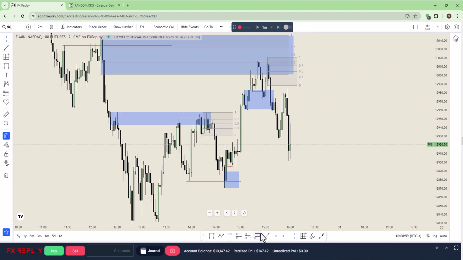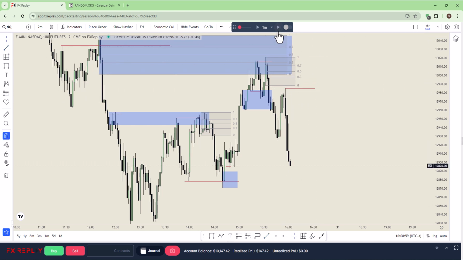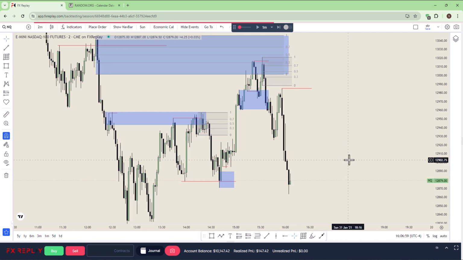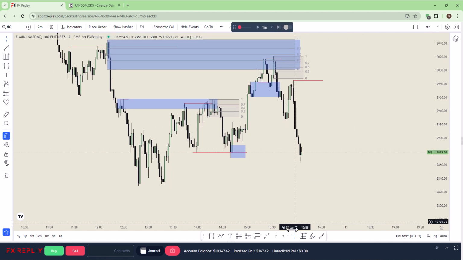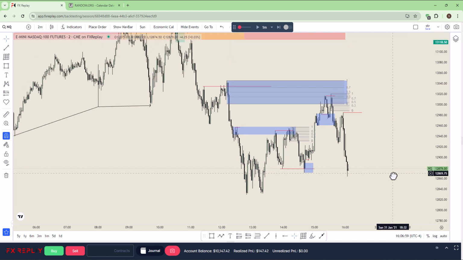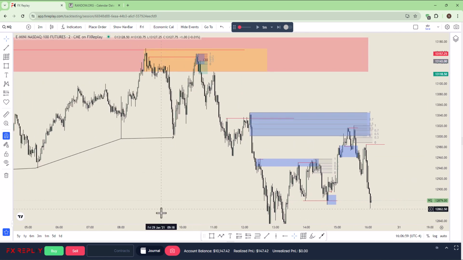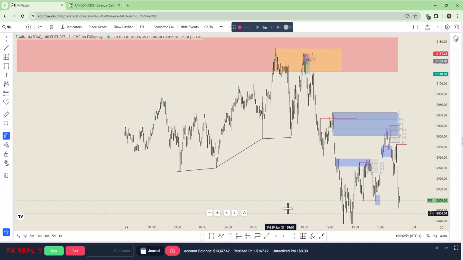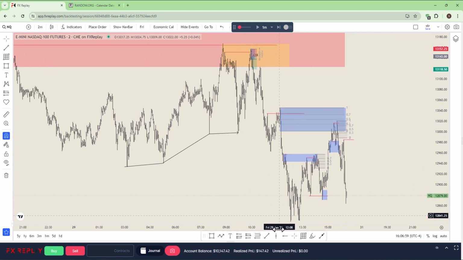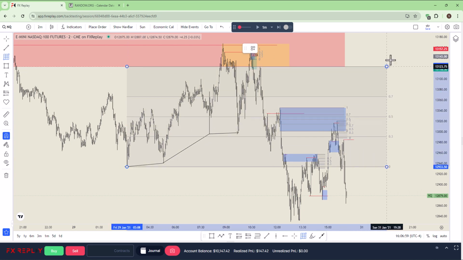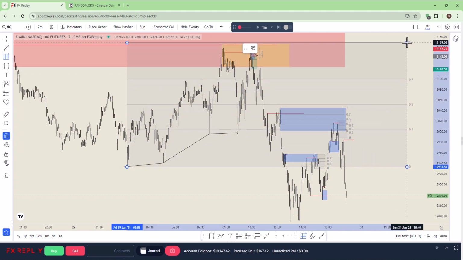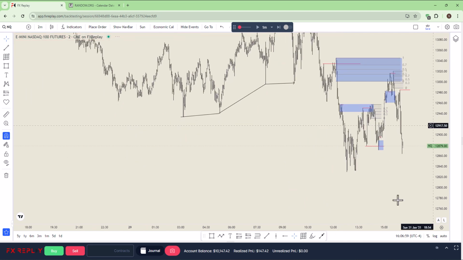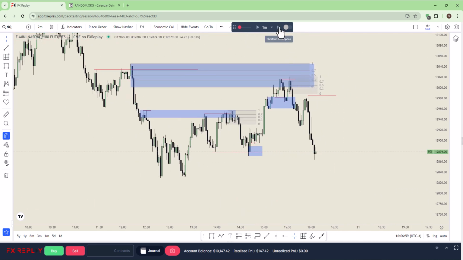I would like to see something like this, maybe sweeping this into our zone. So it looks like we are rejecting heavily from this whole range right here. I believe we tapped into the 30%, maybe. Yeah, this is 30%. So let's follow price.